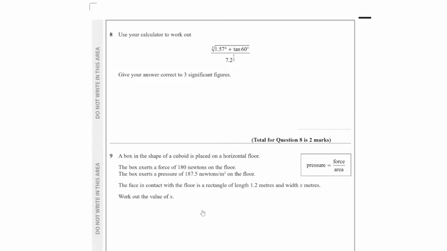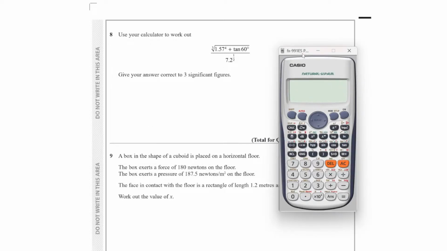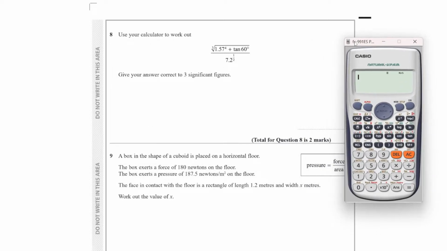Okay, question 8. So this is a nice one. Just use your calculator to work out all of this and give your answer correct to 3 significant figures. So obviously I'm going to type in my calculator. The only thing that I did notice in the mark scheme for this, which I hadn't realised, you can see it's 2 marks, is that one of the method marks was for writing down like a halfway point.